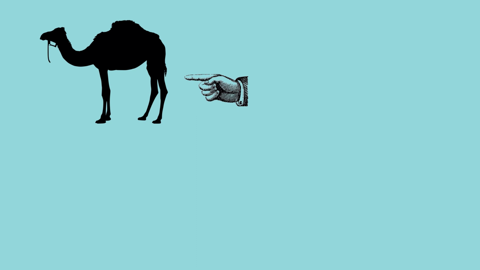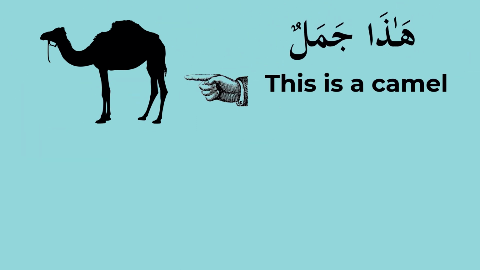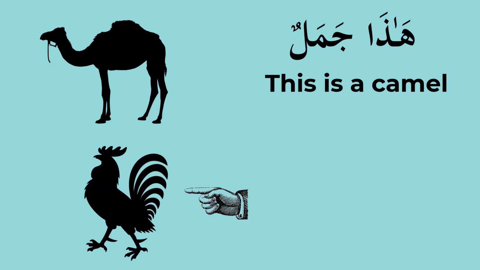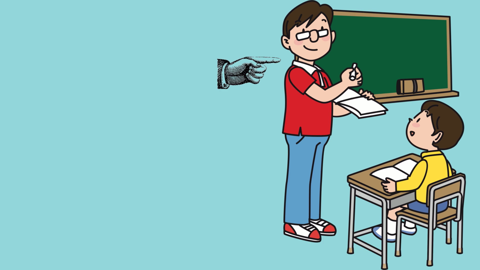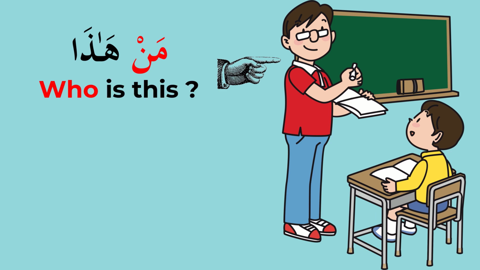Ma haza. Haza jamalun. Got the idea, brothers and sisters? Ma haza. Haza dikun. Rooster. Now again the question is, man haza, pointing out to a human being.